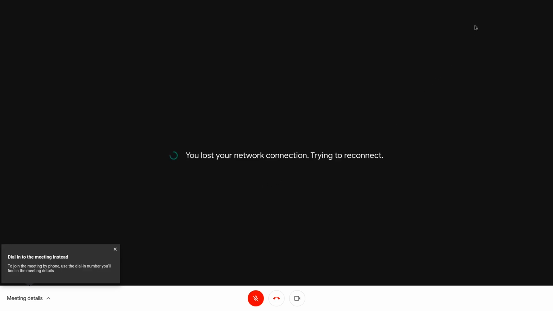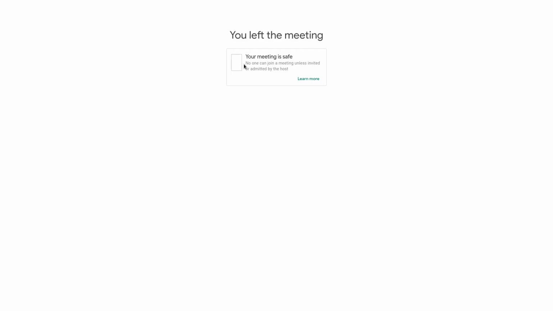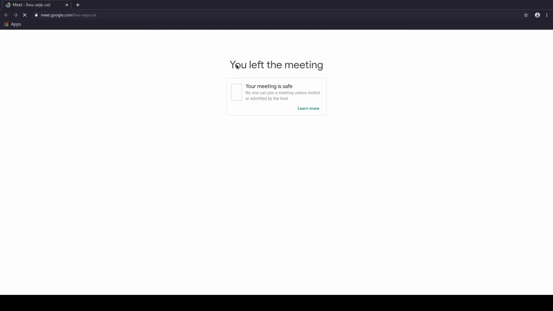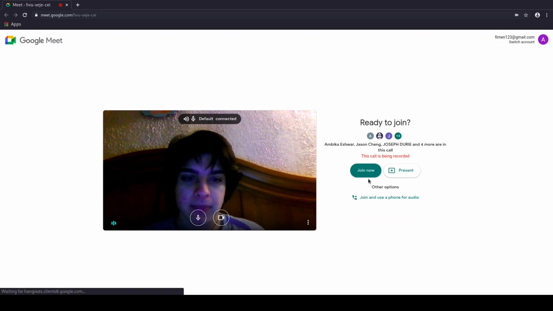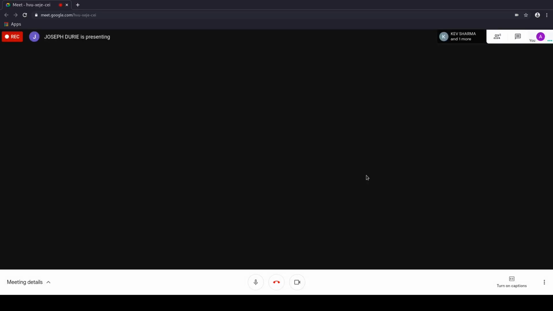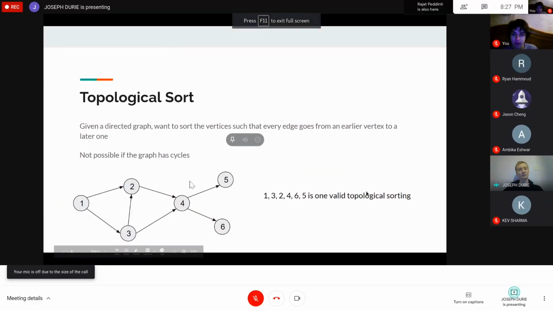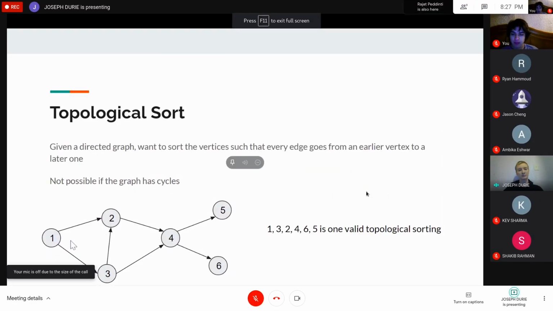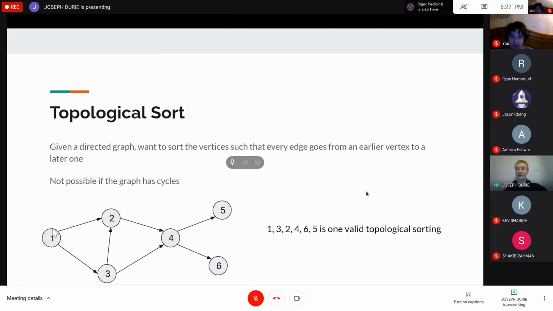And if we have a cycle in the graph, like let's say this edge was directed from 2 to 1 instead, then this would be impossible. We also have an edge from 2 to 1. So we have to have 2 before 1. So yeah, if we have cycles, then this is impossible.